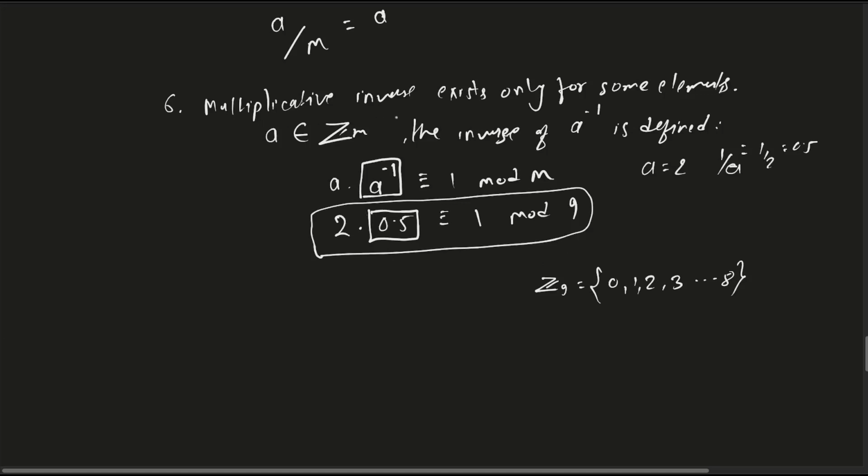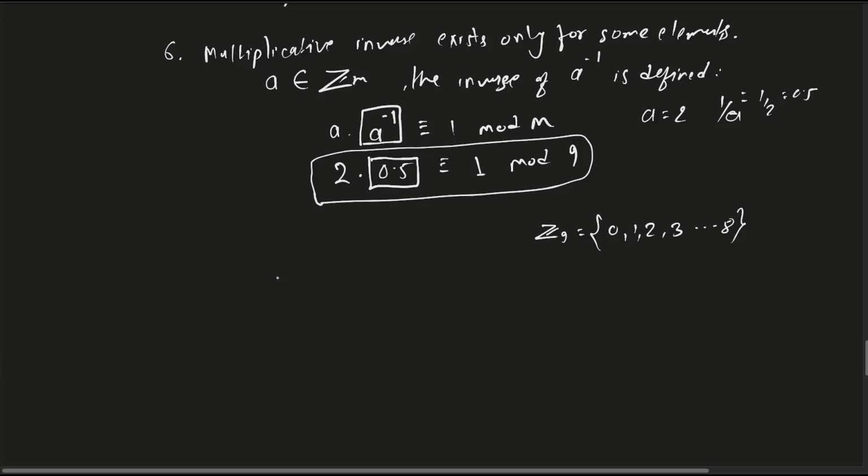For this property to even exist, A inverse should also be part of the ring, and this is our formula for it. It returns the remainder of 1 mod 9. So given that A is 2, what is supposed to be the inverse of A? Well, we can just compute it. A times something, which gives me the remainder of 1 mod 9, which means A times something divided by 9 is going to give me the remainder of 1.